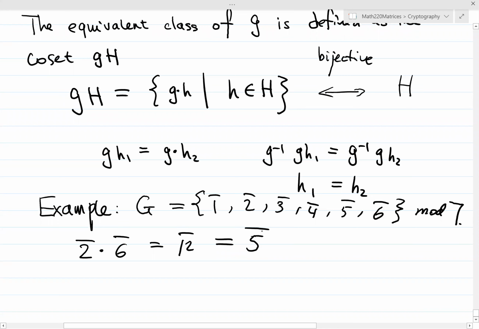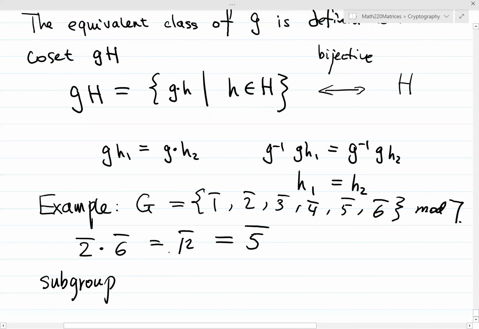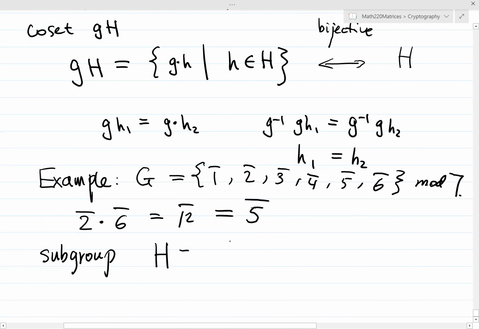So for the subgroup H, let's choose H to be generated by 2 bar. Now 2 squared gives 4 bar. Then 4 times 2 again, 2 cubed, gives 8, and 8 modulo 7 gives 1.